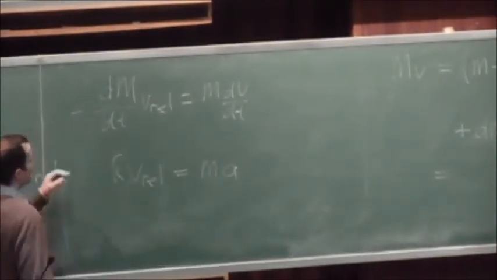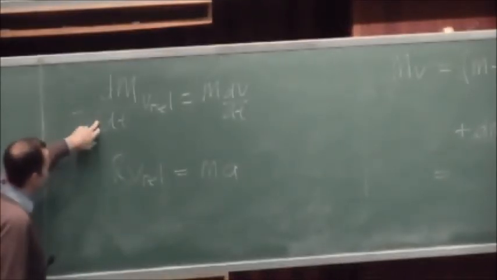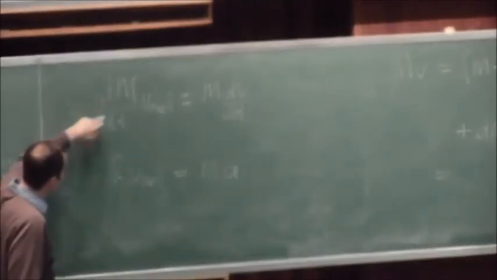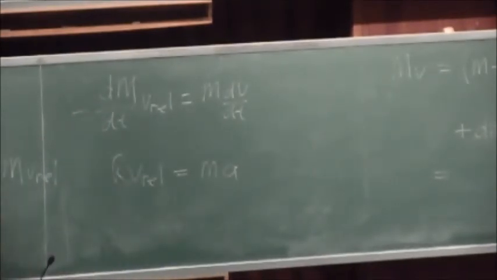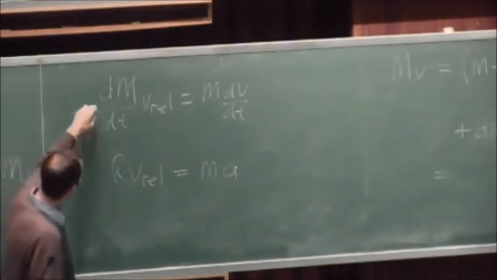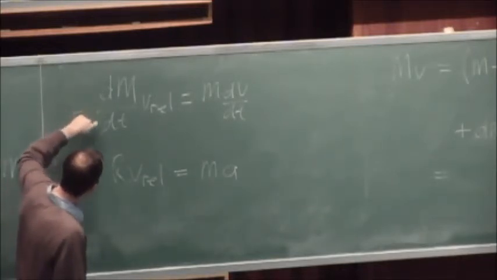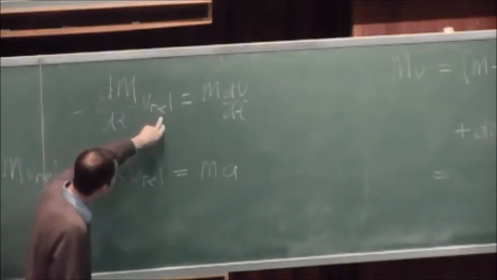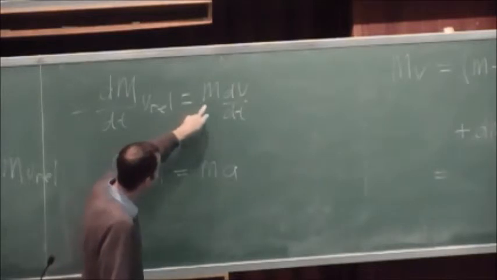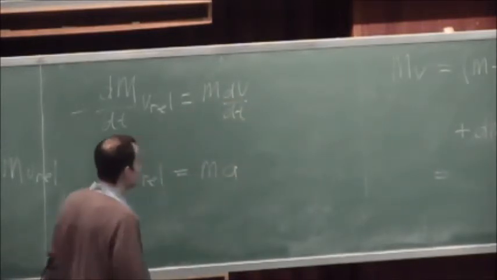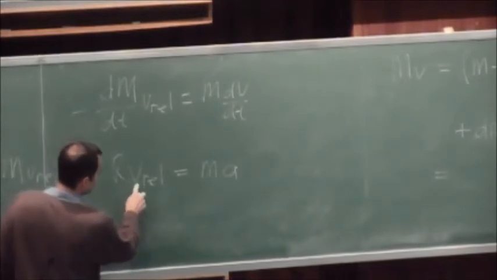So what you can think about, this is the rate at which it's losing mass, right? But sorry, I have a minus sign somewhere, and I'm not sure where it is. I apologize. But the important part is this is the rate at which it's losing mass, and this is the velocity which the mass is being expelled, and this is dv dt. I will correct this next time and figure out where I made my mistake.